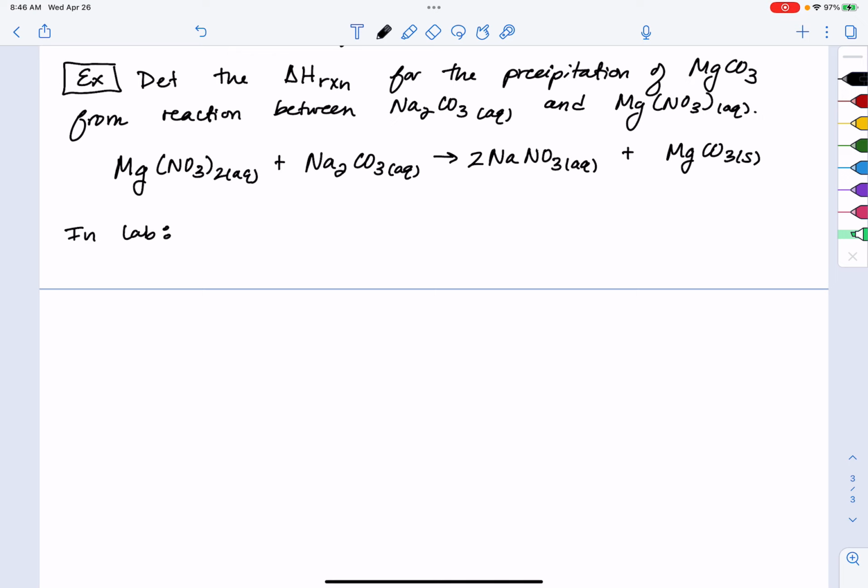We knew that 25.0 milliliters of a 2.0 mole per cubic decimeter, I know that's not molarity, I'm sorry. Let's see what solution this is. This is my magnesium nitrate.